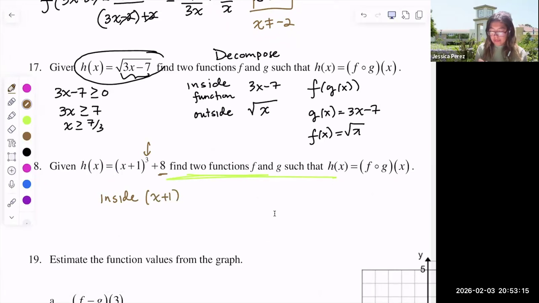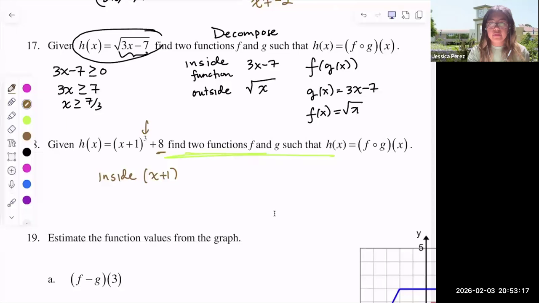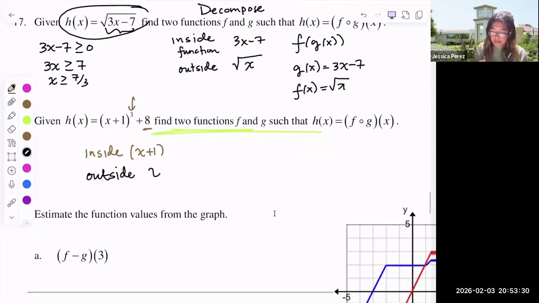And then we have an outside. So it's usually the inside, it's usually what's in the parentheses and a square root and an absolute value. That's usually your guidance. So your outside, it looks like a cubic plus the 8. The 8 is just floating around.